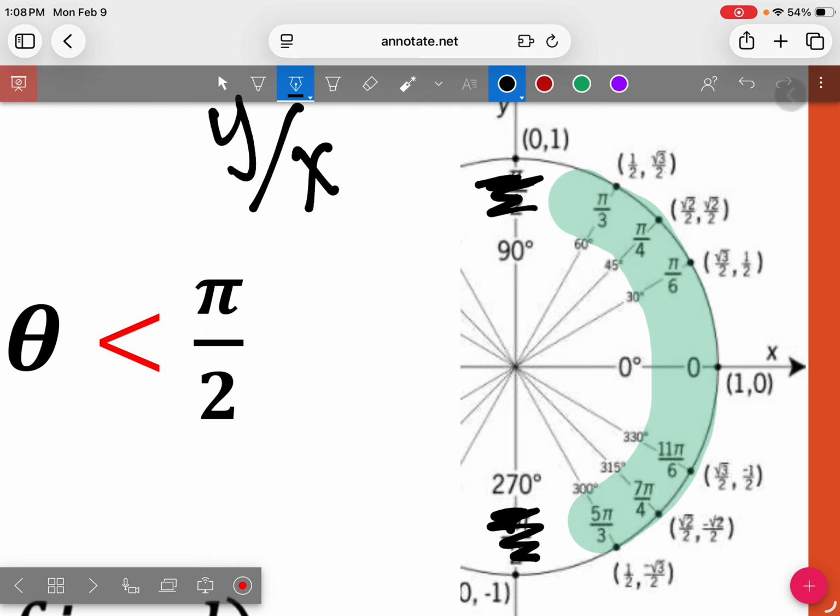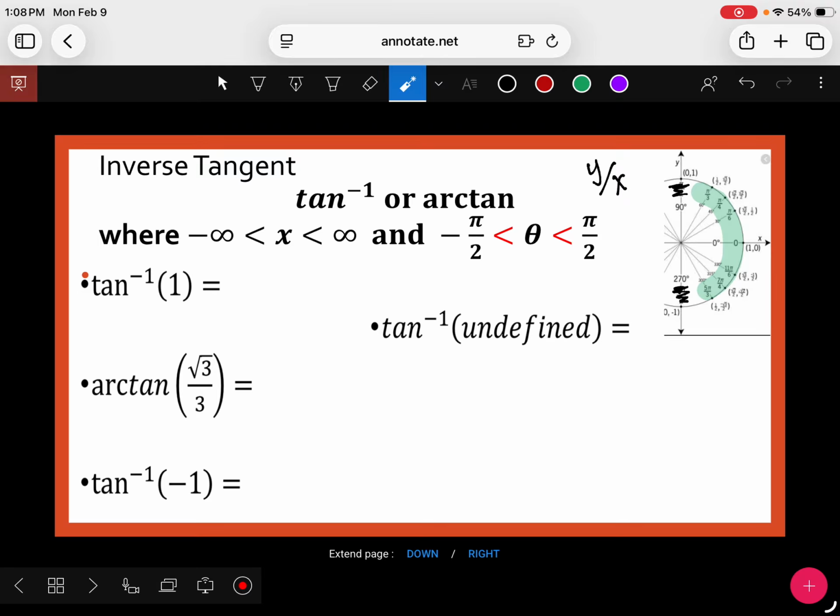Pi over 3? Pi over 4? Who agrees pi over 4? When you divide root 2 over 2 by root 2 over 2, you get 1. So the answer would be pi over 4. I agree.